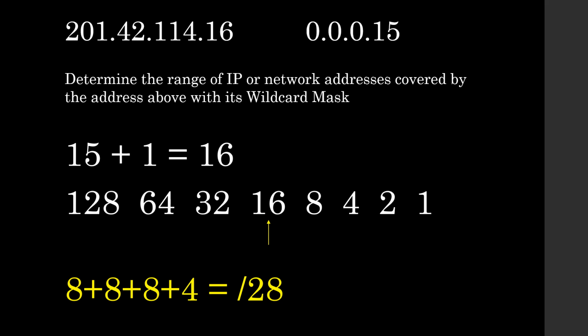And since 16 is the fourth number from the left in the sequence, we add 4. So 8 plus 8 plus 8 plus 4 is equal to /28. That's our new subnet mask.